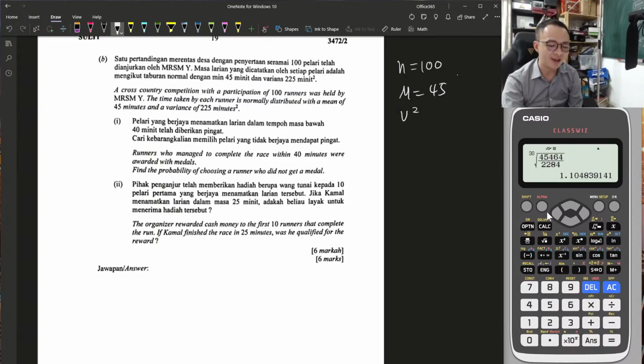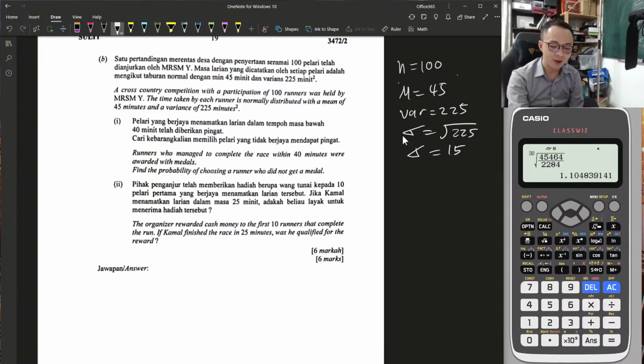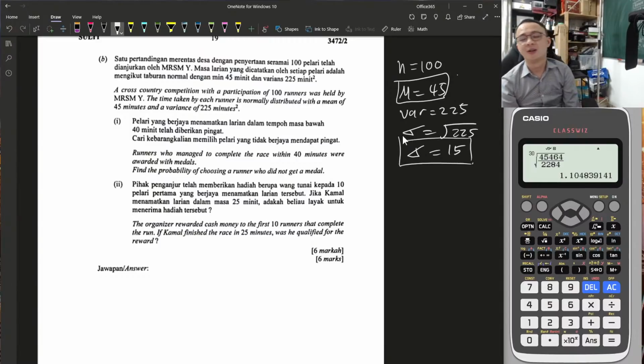Variance, I don't like the variance. They tell us the variance is 225. I prefer to change the variance to standard deviation by square root of 225, which is 15. Because I will use mean and standard deviation for normal distribution.